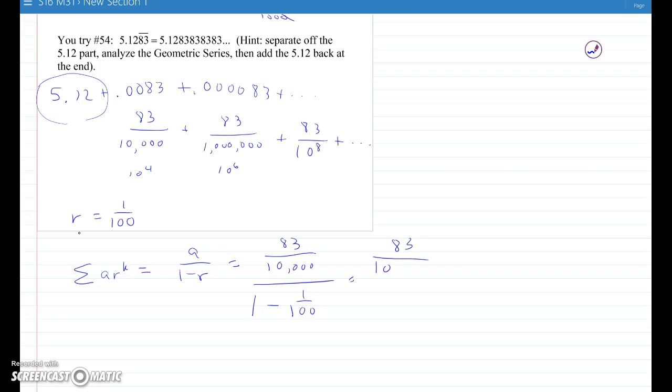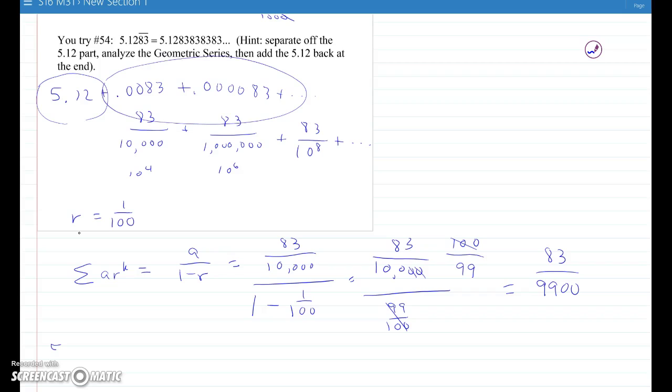So you're going to have 83 over 10,000 over 99 over 100. And to divide by that fraction, we're going to multiply by the reciprocal of 100 over 99. So then, if I divide 10,000 by 100, I'm left with 100. So I'm going to have 83 over 9,900. So that is for this decimal part.